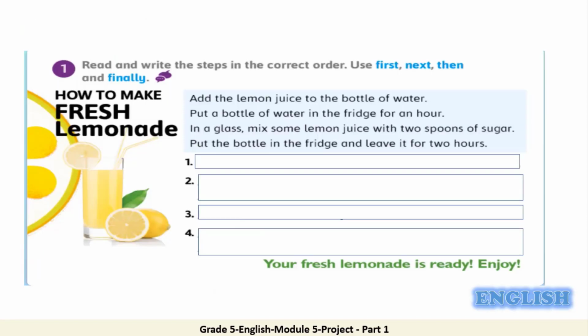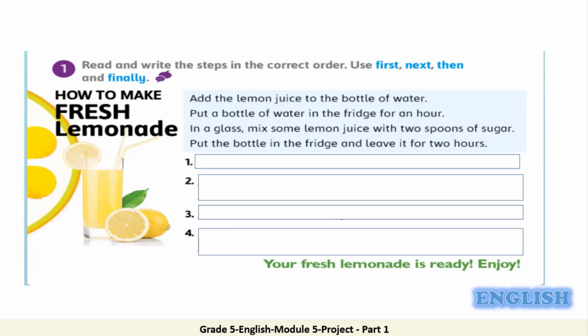Dear students, open your workbook page 51, exercise number 1. Read and write the steps in the correct order. Use first, next, then, and finally. Here you are going to reorder these 4 steps of making fresh lemonade by using the sequence words.